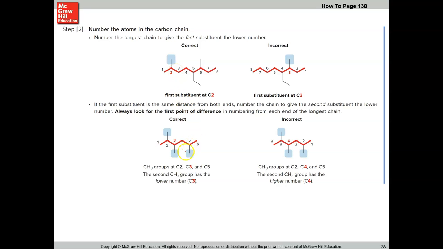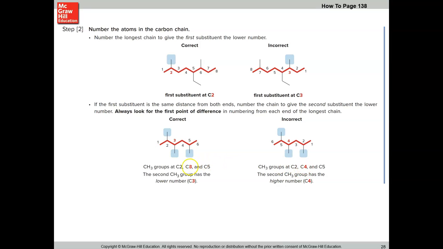If we have the same numbers, so in the example on the bottom here, we go 1, 2, 3, 4, 5, 6. They both have 6, depending on if we number it from left to right versus right to left. The groups will have numbers of 2, 3, and 5 on the left version, and 2, 4, and 5 on the other. So what you'll notice is that this is the correct one because these numbers 2, 3, and 5 are lower overall than 2, 4, and 5.